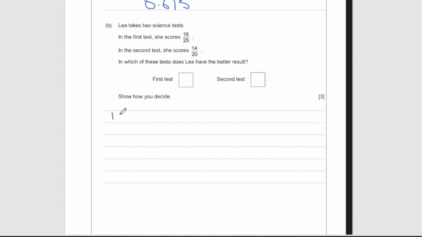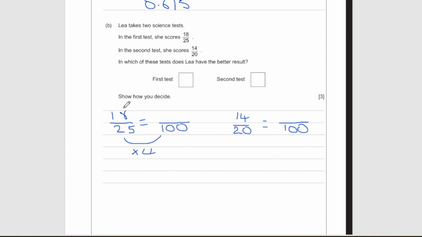So we've got 18/25 and 14/20. I'm going to convert these to equivalent fractions. Best way of doing that is doing it out of 100. Convert them to a percentage. So over 100. How do we get from 25 to 100? We times by 4.